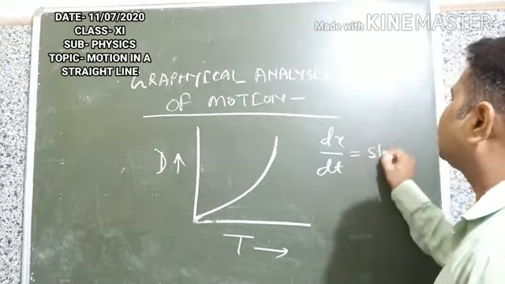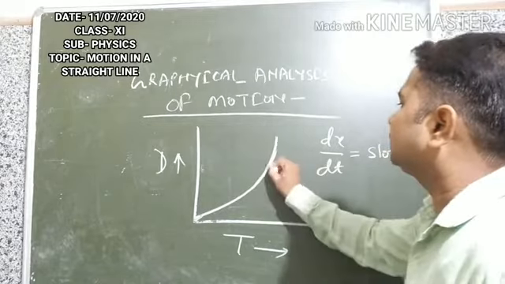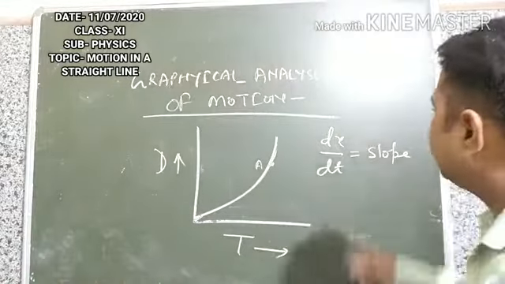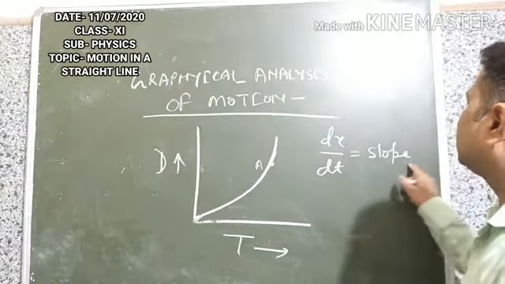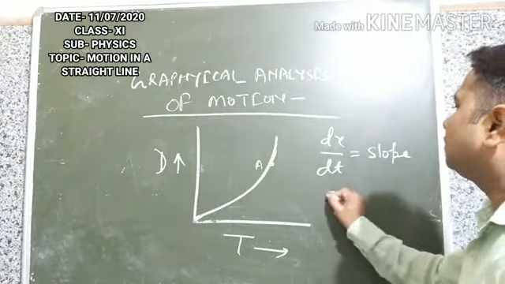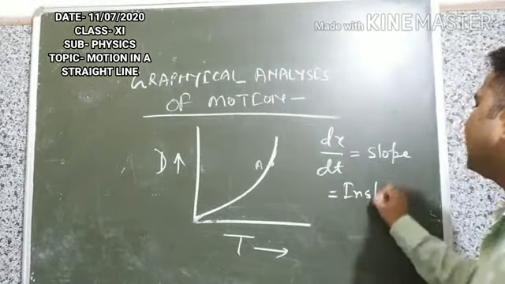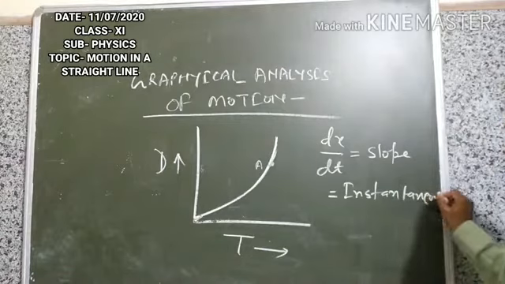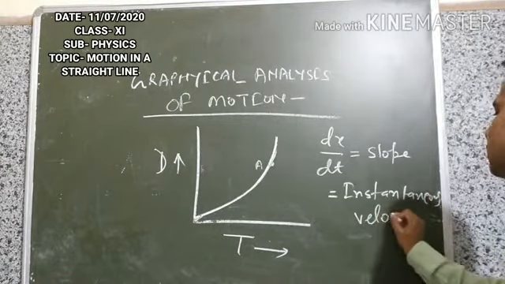will be the slope of this graph at, suppose, instant point A. At instant point A, dx upon dt will show the slope of the graph, and that will be the instantaneous velocity. Instantaneous velocity.